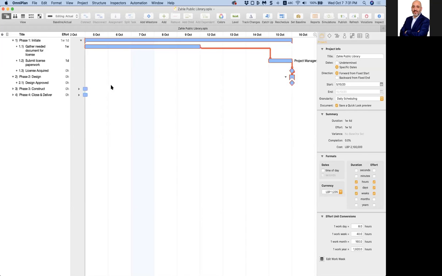What do I need to do as a first step here? Who can tell me? What's the question? I want to use the tool to apply earned value analysis so that I can monitor and track the progress and the cost on my Zahle public library project. What do I need to do to start this process?